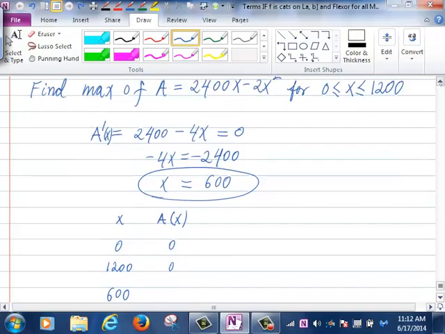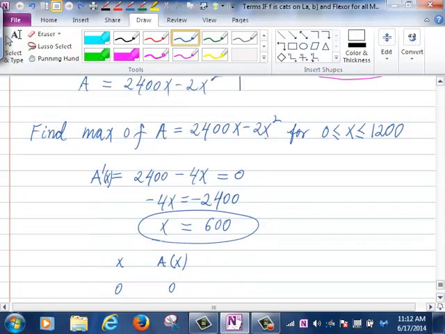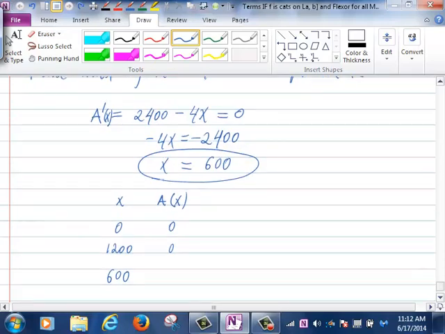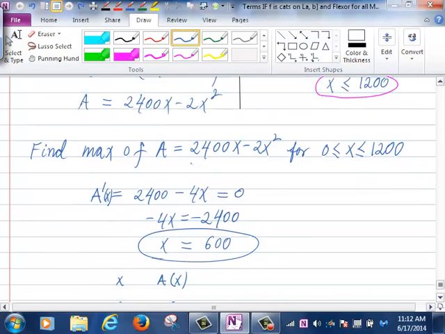I have the area function, right? So in the area function, if I replace x by 600, what do I get? Can someone tell me what that is? If I replace x by 600 in the area function right here, what do I get? 720,000?